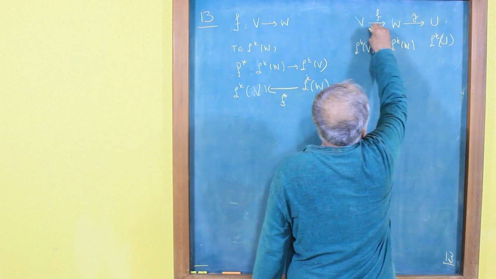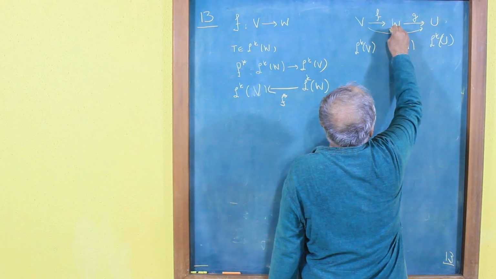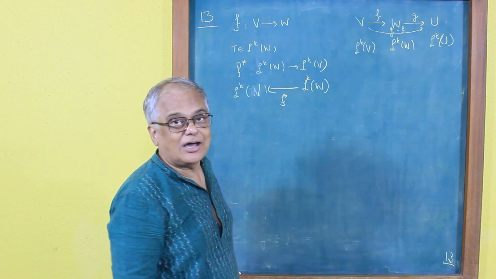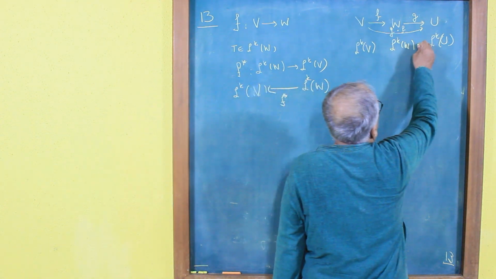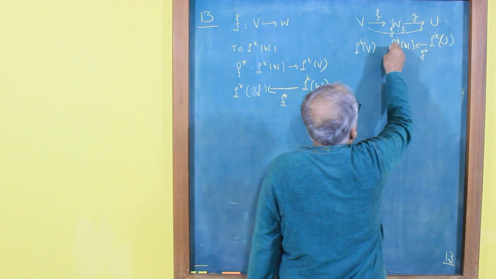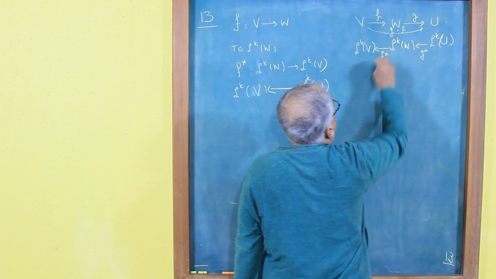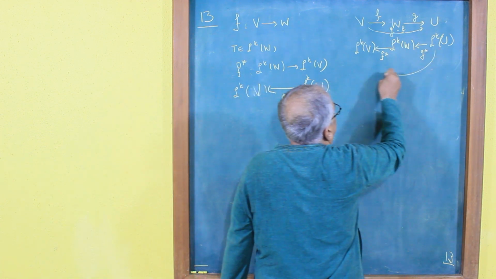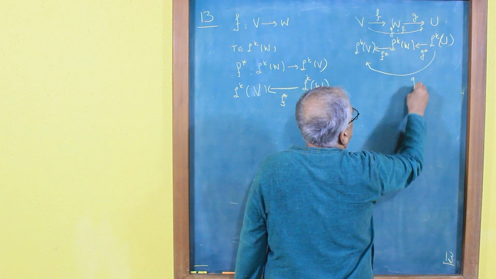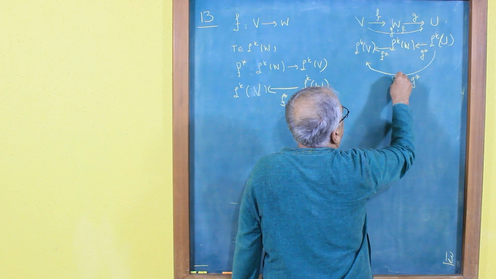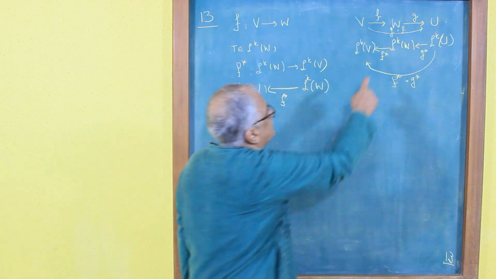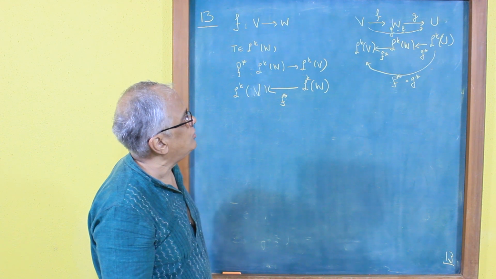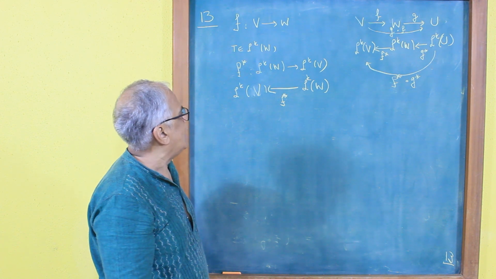The composition from here to here is G composed with F. When you're taking F upper star, the arrows get reversed, so I have F upper star and G upper star. But remember, the arrows are reversed, and the composition is this: first you're taking G star and then you're taking F star. So (G composed with F) upper star is F star composed with G star. G star goes from L^k(U) to L^k(W) and F upper star goes from L^k(W) to L^k(V).